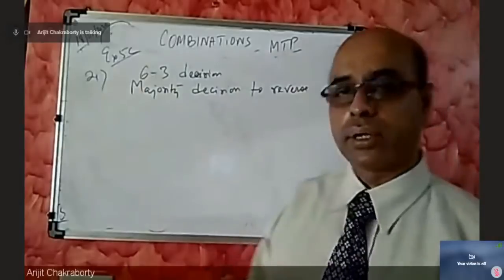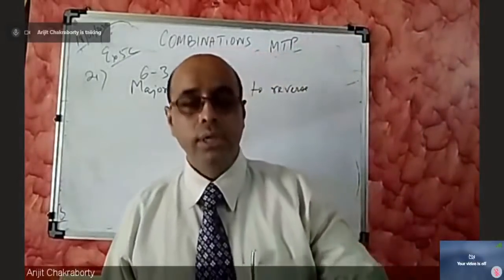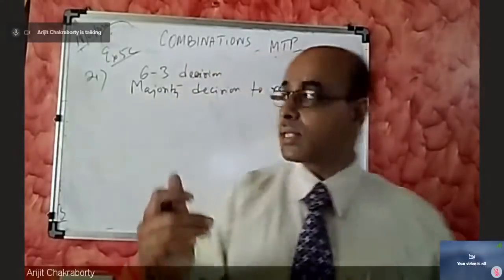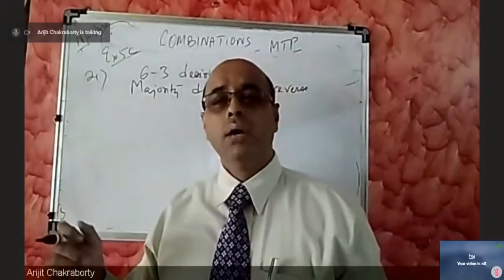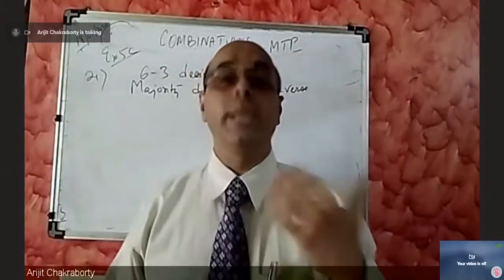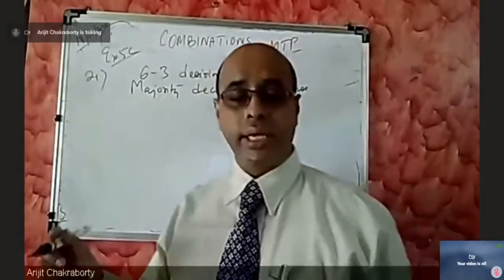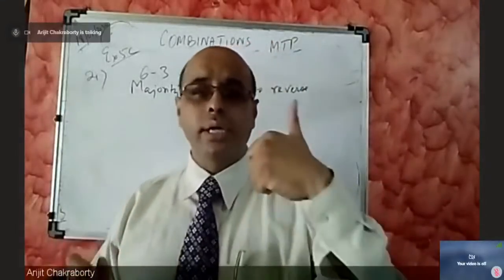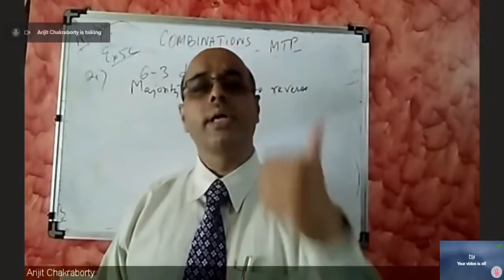You know how the Supreme Court operates. You have a lower court, you have the Honorable High Court, then you have the Supreme Court. In this case, the High Court had given some order which the Supreme Court has agreed to, and they have passed a decision of 6-3. That means 6 people have voted in favor and 3 voted against.